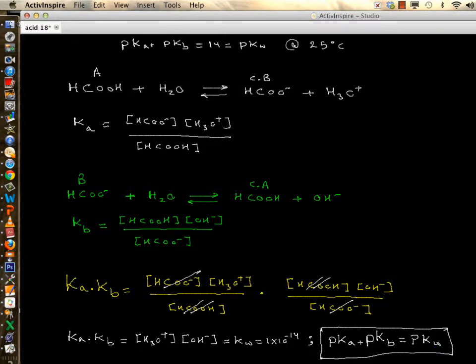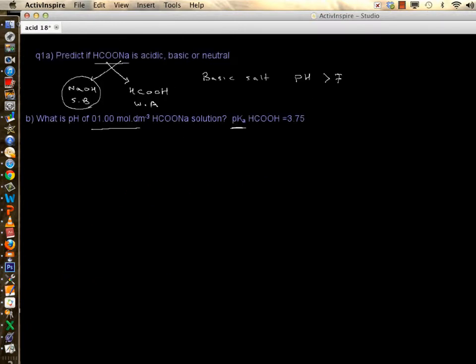Now let's just go back to the second equation and let's just solve for it. So pKa is given. Now we know in this salt, sodium does not react with H2O. There is no hydrolysis, no reaction. But we know the last name, HCOO minus, is going to react. So let's just write that equation. Gives you HCOOH plus hydroxide, pH bigger than 7.